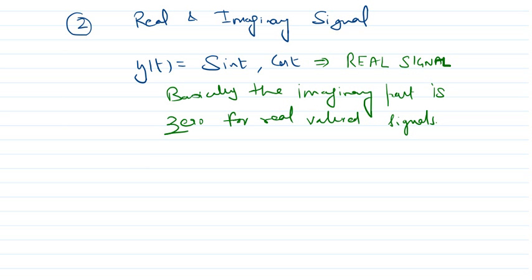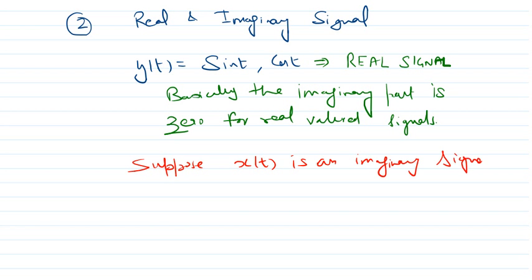If we have an imaginary signal, suppose x(t) is an imaginary signal, then it can be represented in two forms, that is real part plus j into imaginary part.